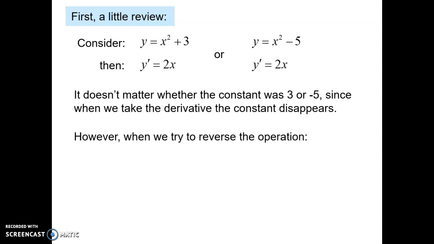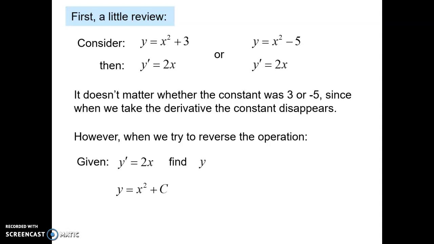However, when we reverse the operation, we have to say, okay, the antiderivative function is x squared, but there might perhaps have been a constant attached to the function that we don't know what it is, because when we took the derivative of the function, the constant dropped away.